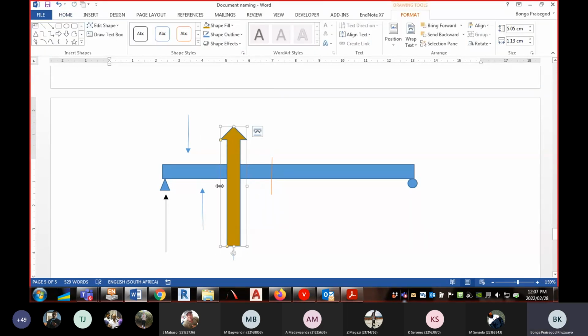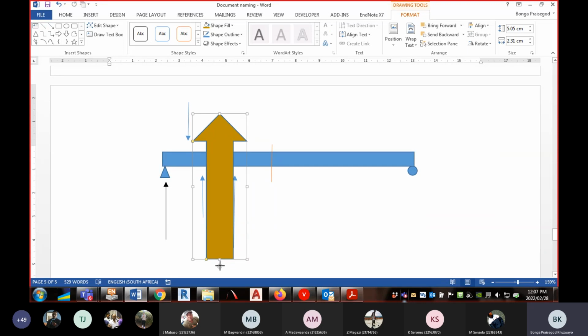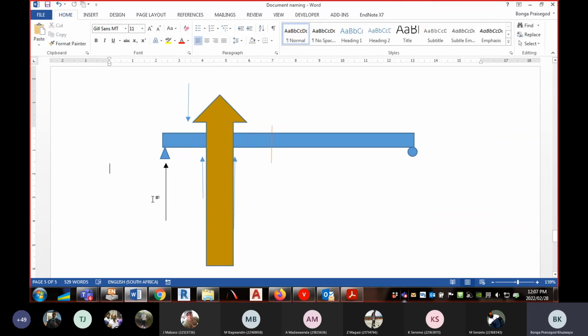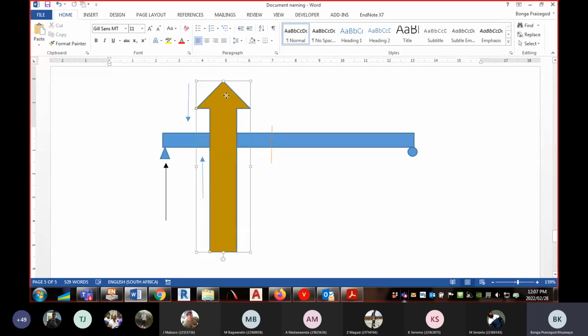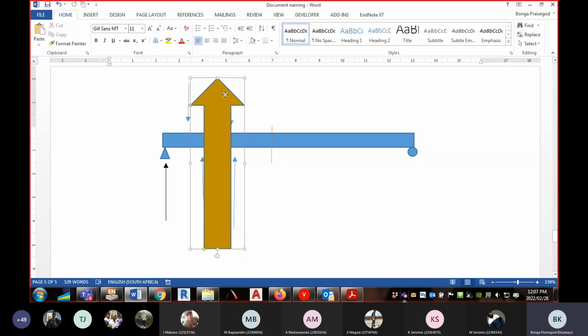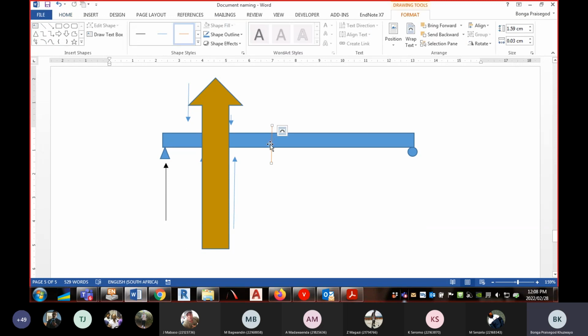So if you look at the algebraic sum of the forces, you say plus that, minus that, plus that, minus that, plus that. If the algebraic sum of the forces to the left of the section goes up, we take this as positive shear. Remember, I'm taking the section to this point.